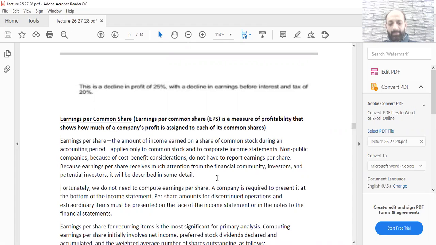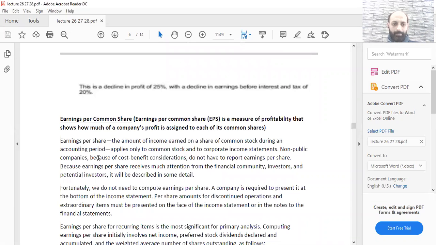Now, what does it mean? It means if you are an investor and you are planning to buy, let's say, 100 shares in a company, then EPS will tell you how much profit of that company will be assigned to each common share that you hold.